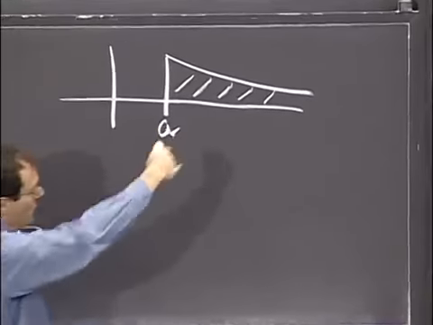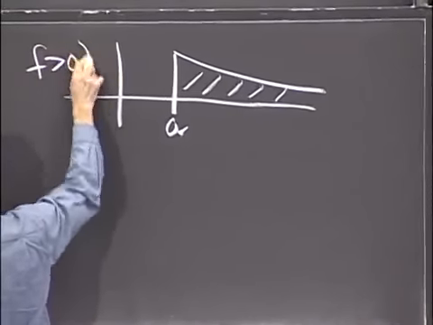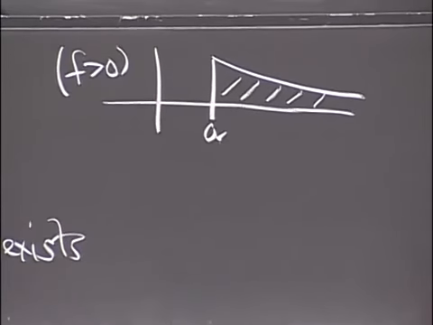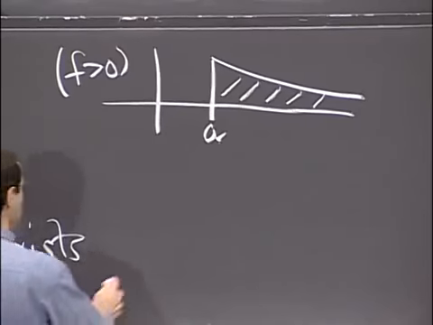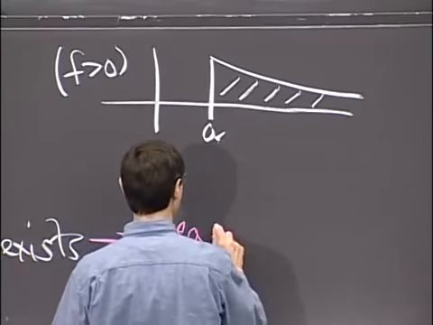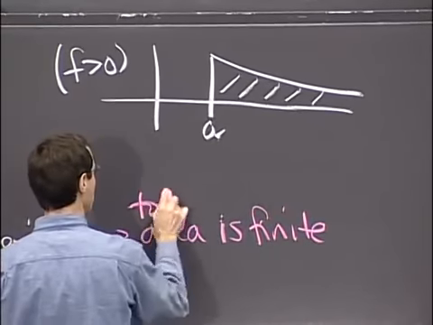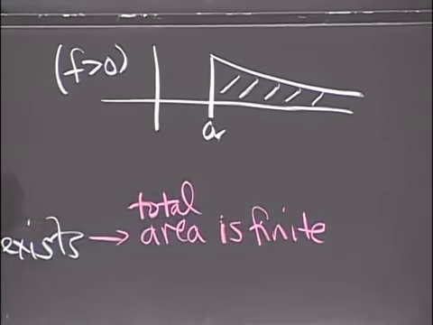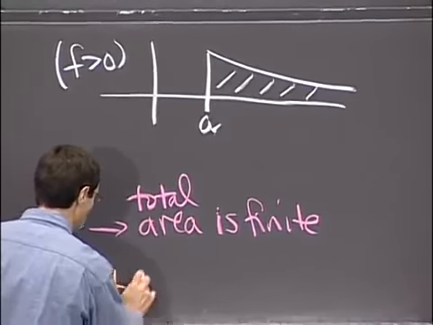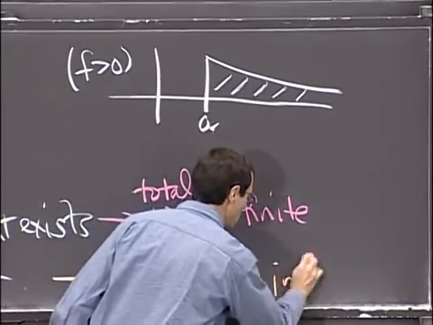Interpreting it geometrically, this would only work if f is positive. Then the convergent case is the case where the total area under this curve is finite. And the other case is the total area is infinite.